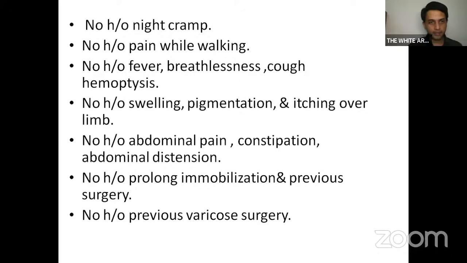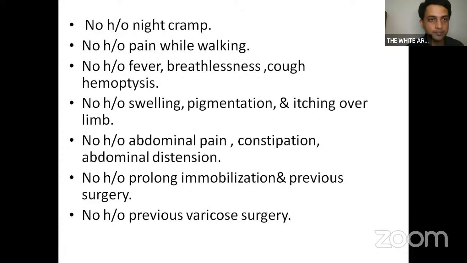Okay, you have written so many things, but this has to be in an order. You can't write haphazardly. The symptoms should first be those related to varicose veins, then symptoms related to its complications, then symptoms related to its etiology. In that order only you should write. When you rule out something, first rule out other symptoms of the venous system, varicose veins, or rule out the arterial system and the neural system.